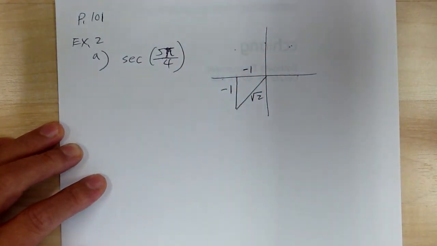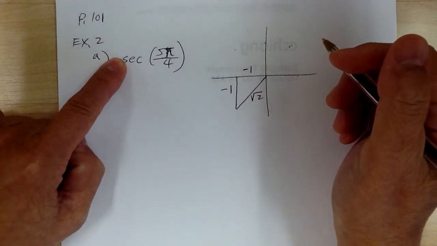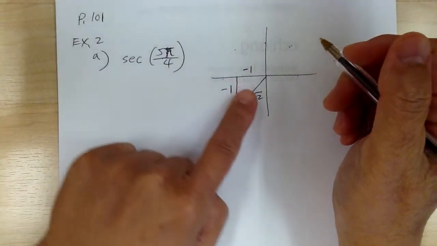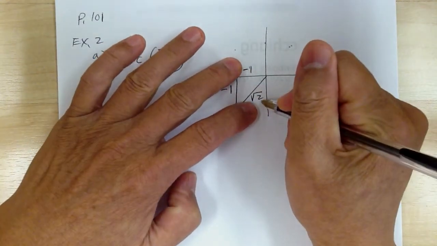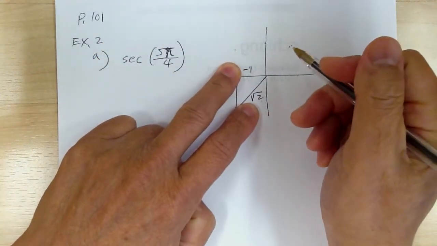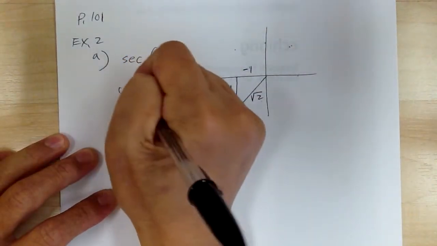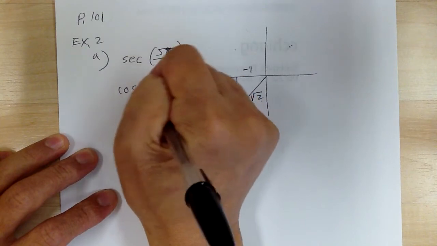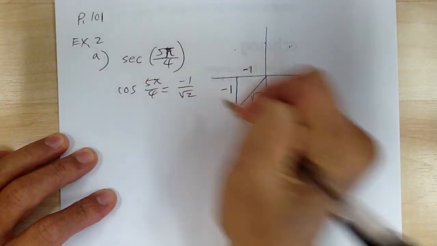Secant came from cosine. So cosine would be this over this, negative 1 over square root of 2. But secant is the reciprocal of that. So again, first you think about cosine. So cosine of 5 pi over 4 is equal to negative 1 over square root of 2.